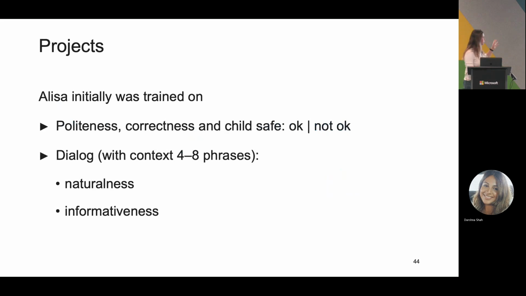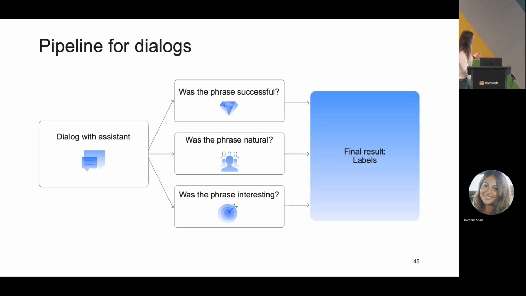This is why, usually, we train those models and create separate projects for each of those tasks. We work on a model called Alisa, and Alisa was trained on different projects: politeness, correctness, child safety, and then we also trained it on the dialogue phase, where we would ask people if it sounds natural, informative, etc. This is the pipeline we have been using.